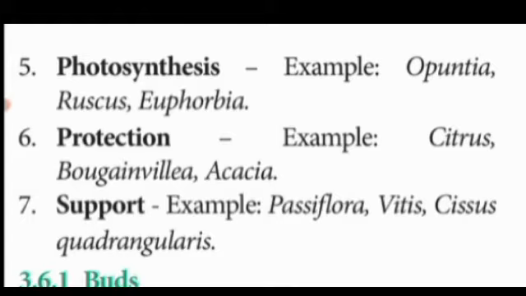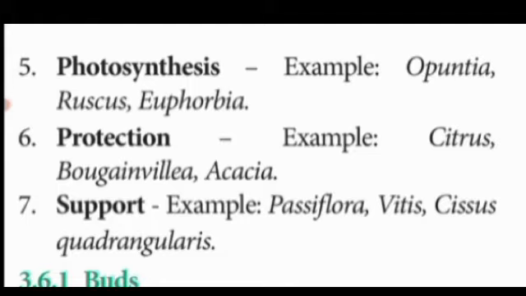Here in this plant the stem is flattened and succulent, green in color, and acts as a photosynthetic organ. In this plant the leaves are reduced in size, or sometimes the leaves are modified into spines. So the leaves are unable to carry out photosynthesis in this plant. Example Opuntia, Ruscus, Euphorbia.